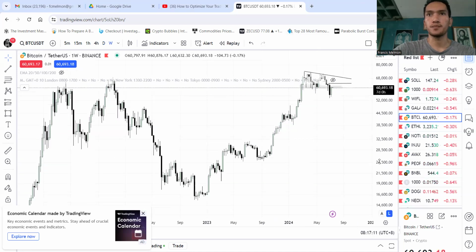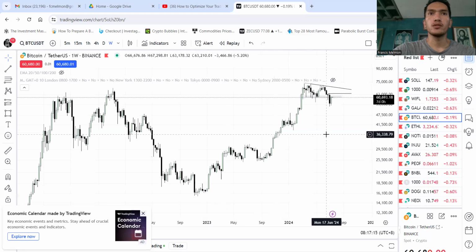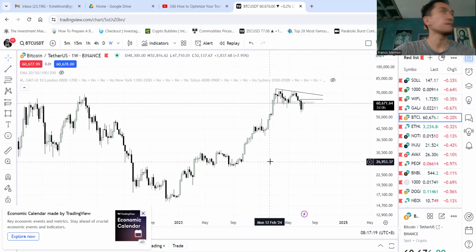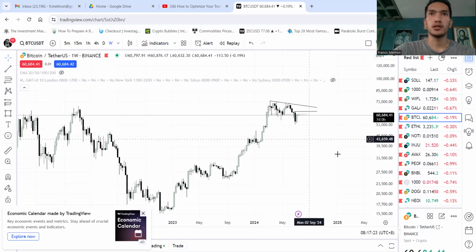As you can see, for the long-term trend, we are currently in an uptrend, still in an uptrend.